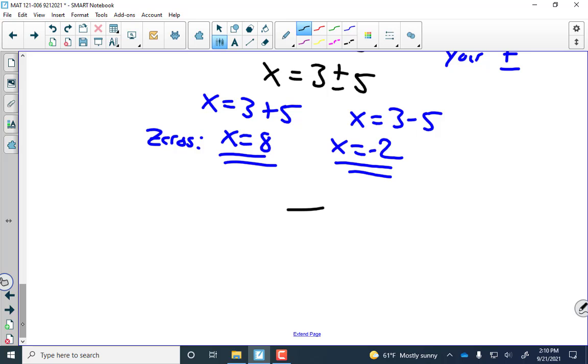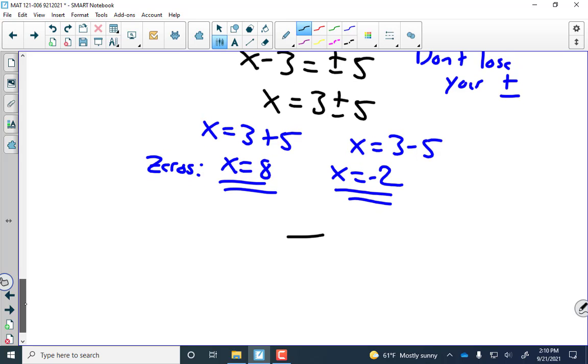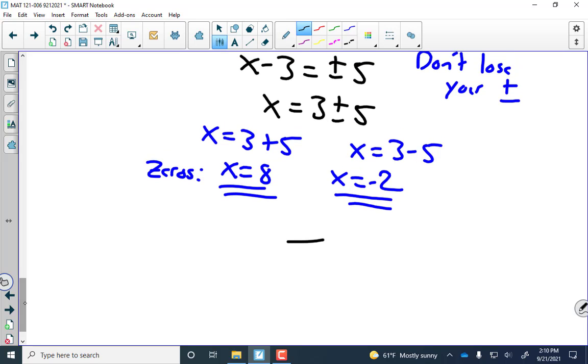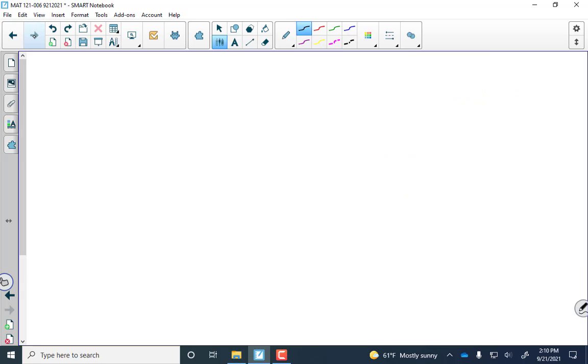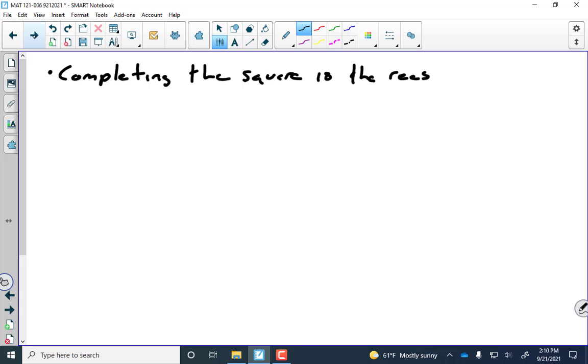So, what do I need to tell you about completing the square? Well, it's a technique for finding zeros. If we were to take either of these numbers, 8 or -2, and plug them back into our original function, what would the result be? 0. That's what they are. They're zeros. So, completing the square is the reason we have the quadratic formula.